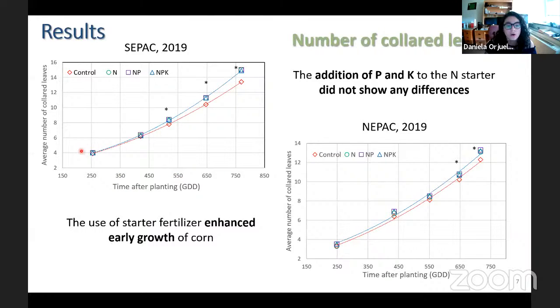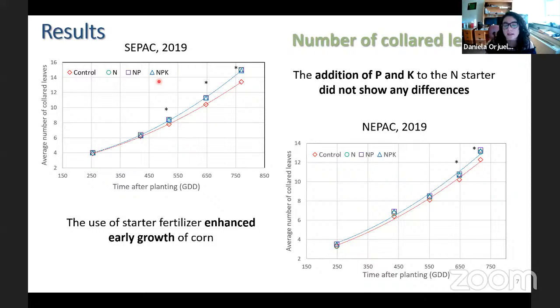For our treatments, control is always going to be the red diamonds. Nitrogen only, the nitrogen starter, is going to be the green circle. Nitrogen plus phosphorus is going to be the purple square, and NPK is going to be the blue triangle.